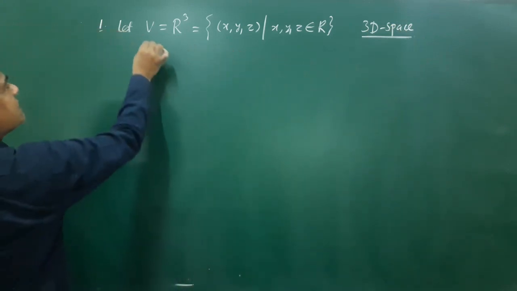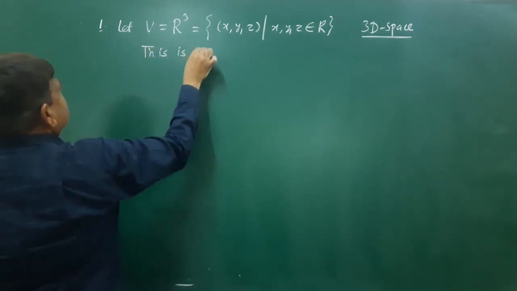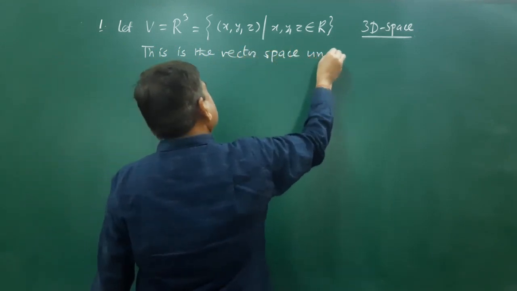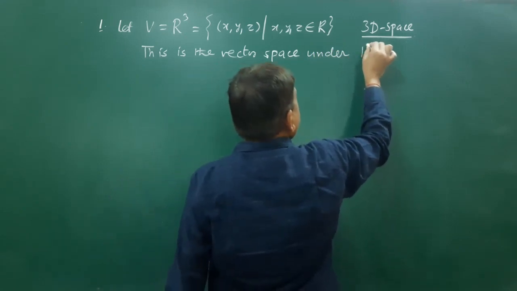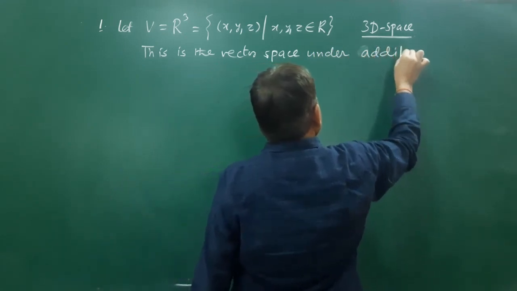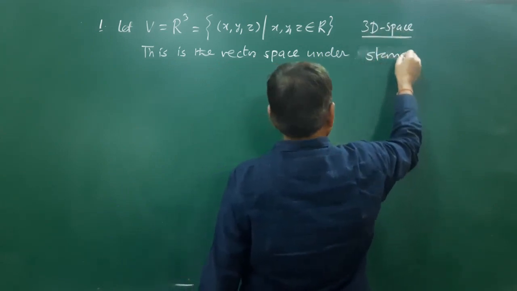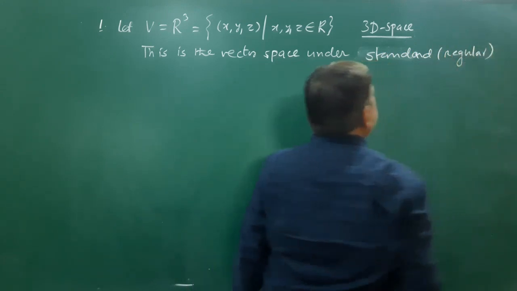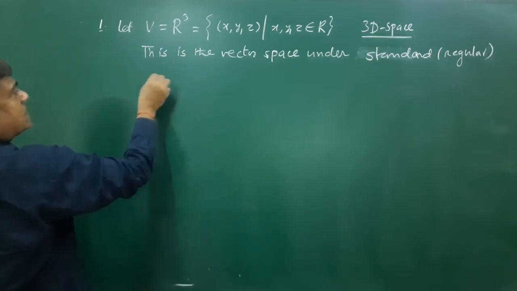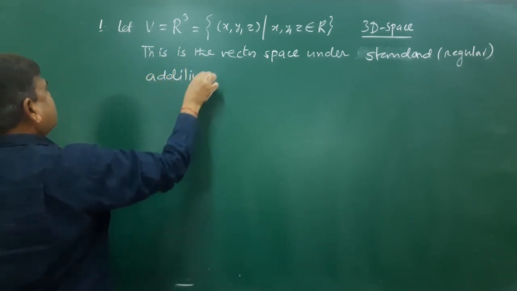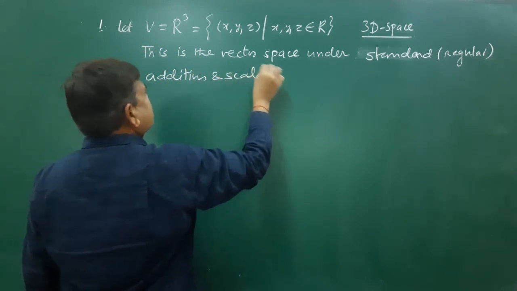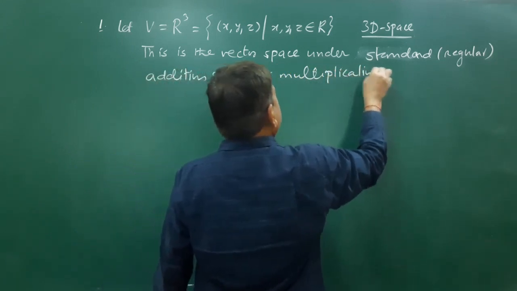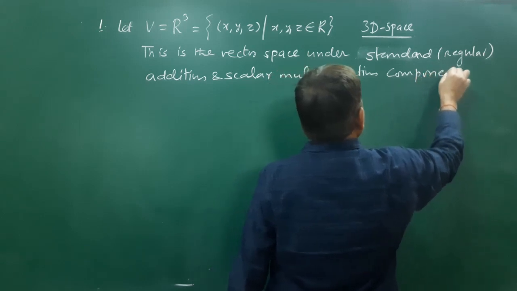This is the vector space under standard, regular addition and scalar multiplication, component wise.